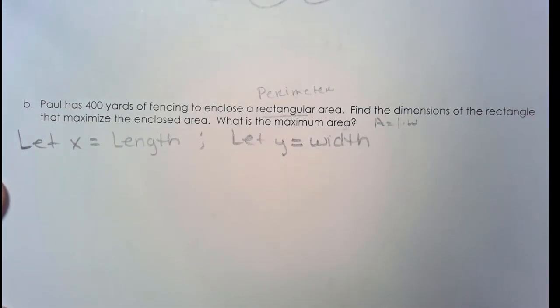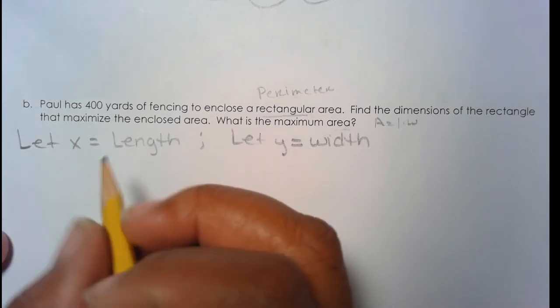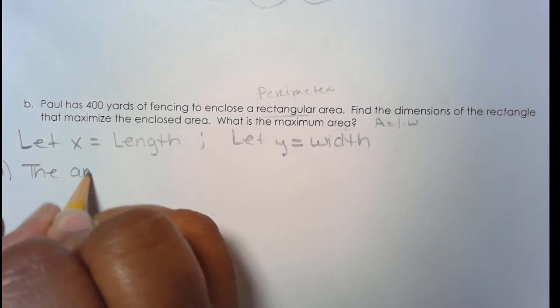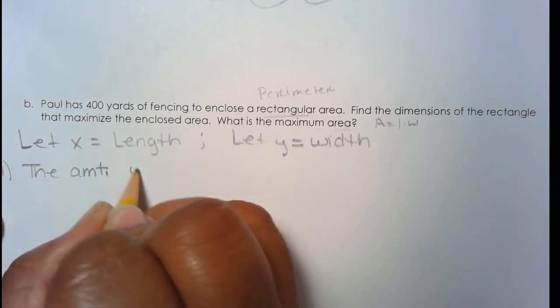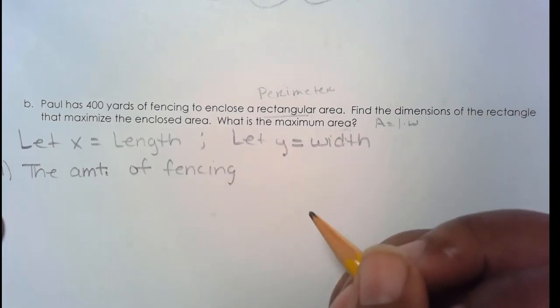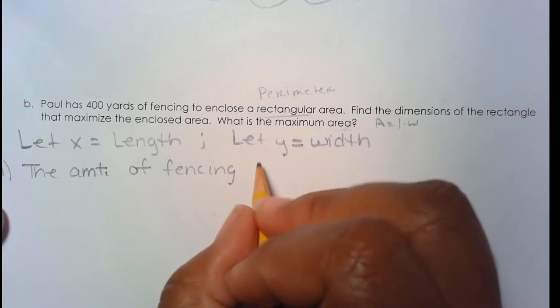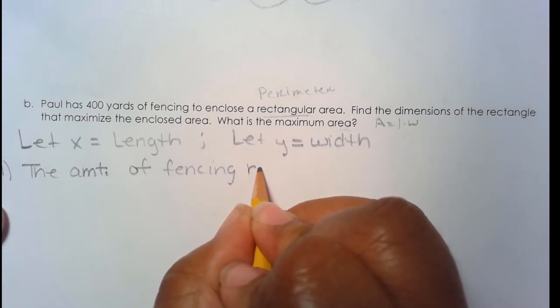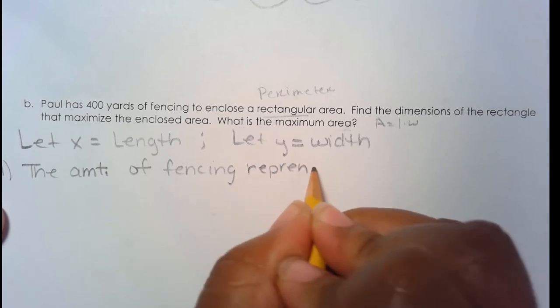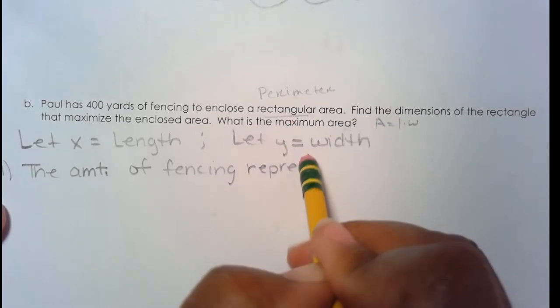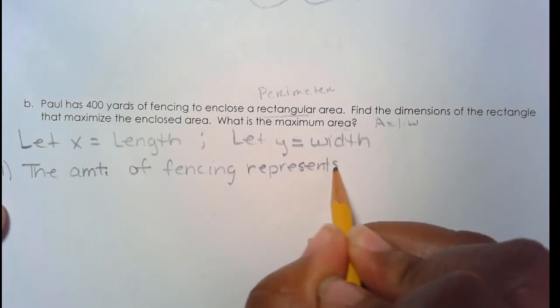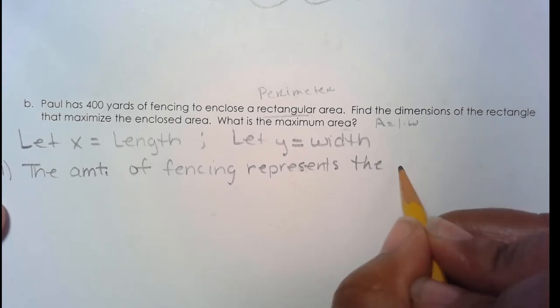Okay. So first of all, we want to represent the amount of fencing that's needed, meaning we need to find the perimeter.